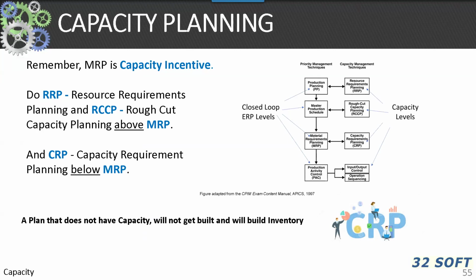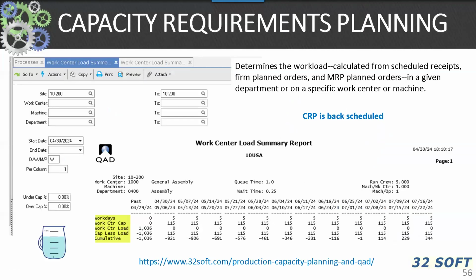Remember, one of the primary shortcomings of MRP is that it is capacity insensitive. To make MRP work, you must have resource requirements planning and rough cut capacity planning above MRP, and below MRP, capacity requirements planning in place to make MRP capacity sensitive.